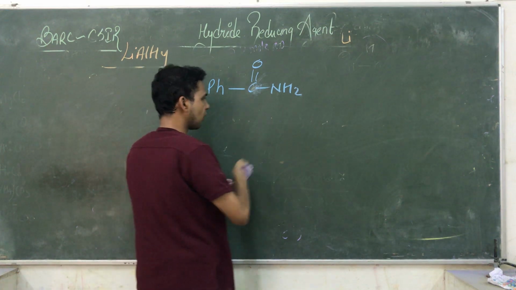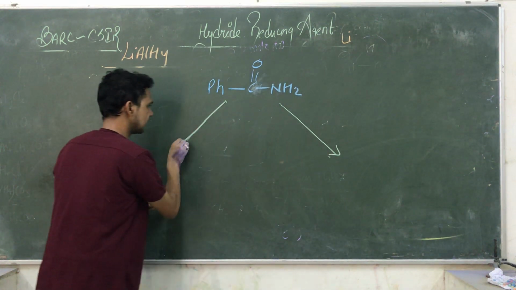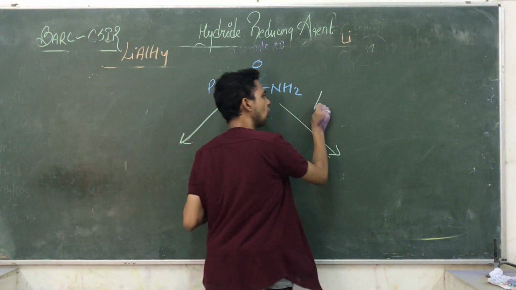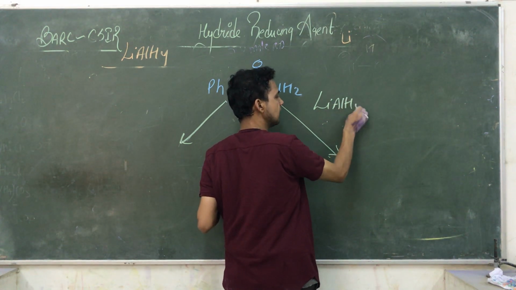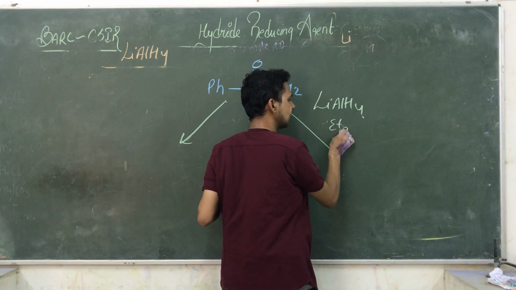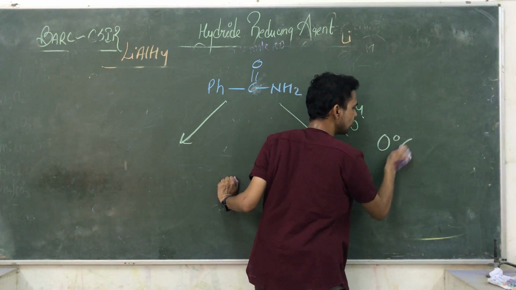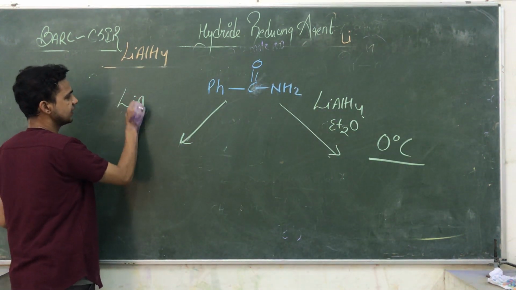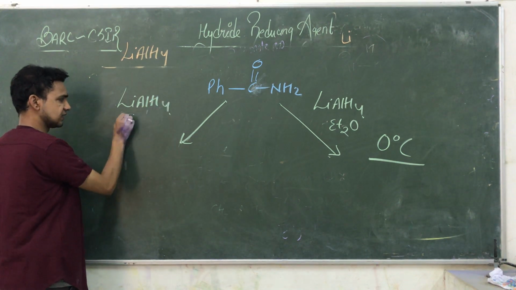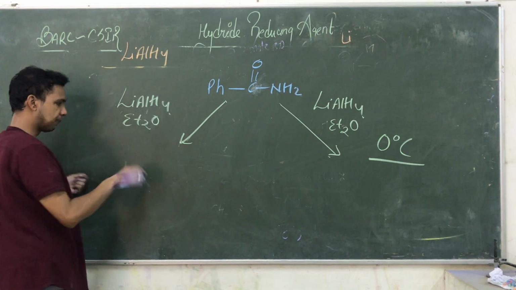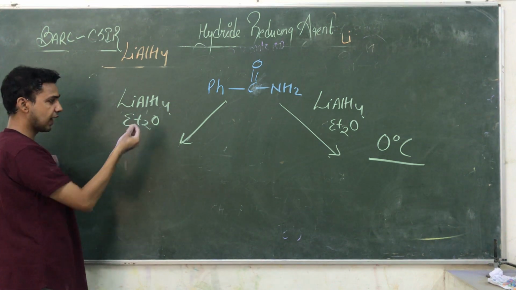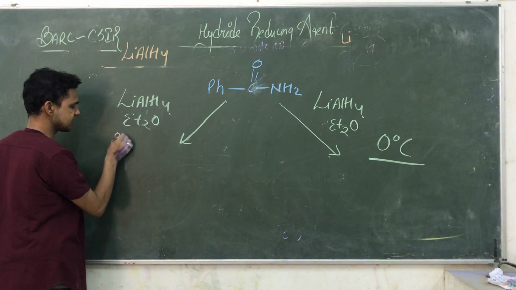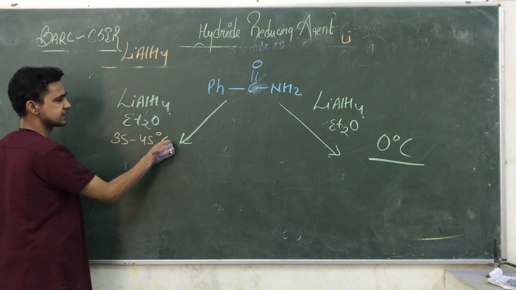Same as if you are providing temperature conditions, the reaction with LiAlH4, here in diethyl ether and the temperature is 0 degrees Celsius. Fixed temperature. The other one is LiAlH4 in diethyl ether, but the temperature is moderate or ambient. The temperature is 35 to 45 degrees Celsius.